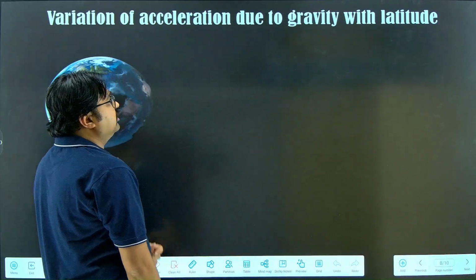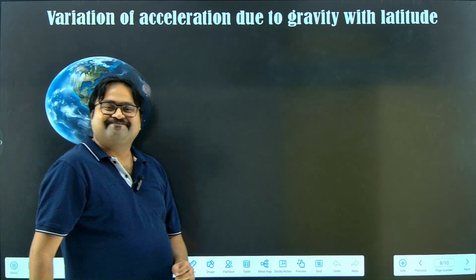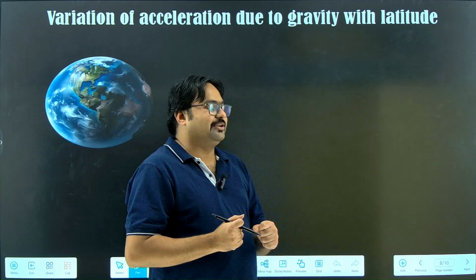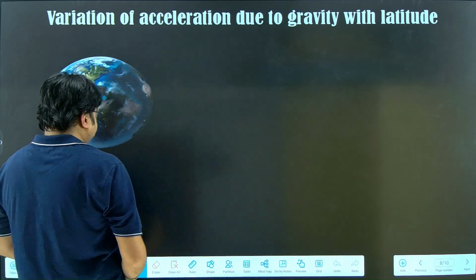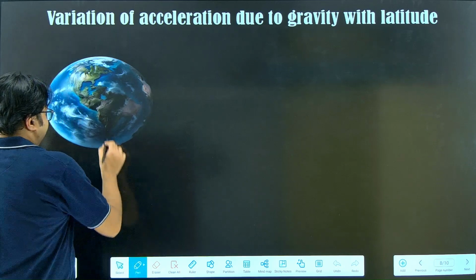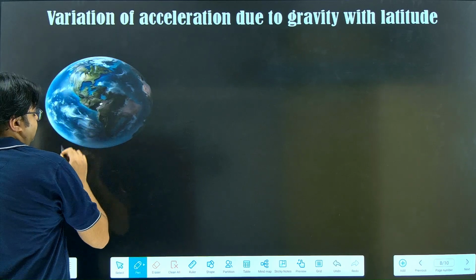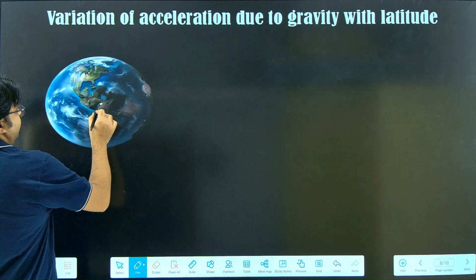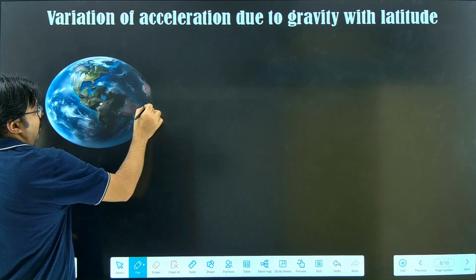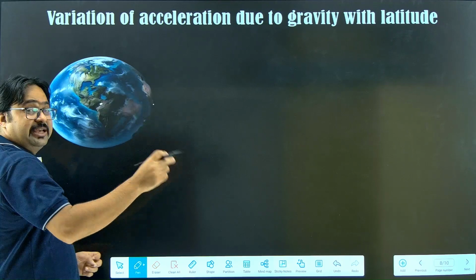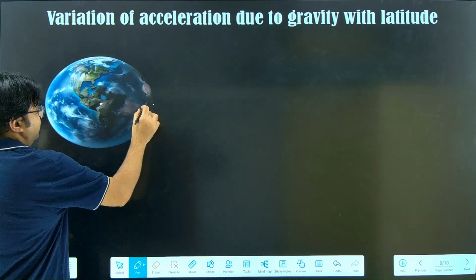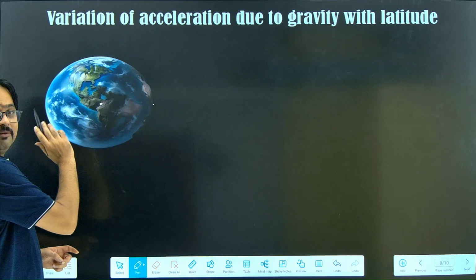Variation of acceleration due to gravity with latitude. Now, how does acceleration due to gravity change with latitude? Let's try to figure out. Well, if you see, the center of the earth is here, and you are farthest from the axis when you're standing at this point. When I mean farthest, when you think about a circle, if you're on the equator, you're actually making the biggest circle.